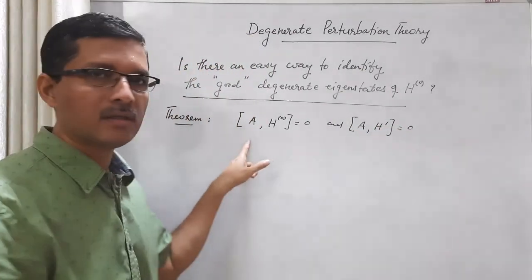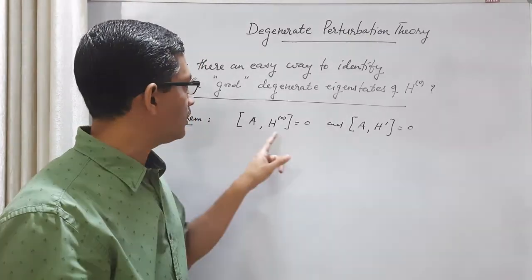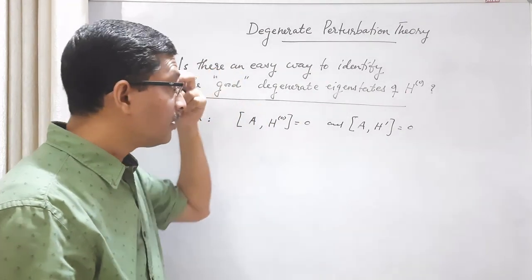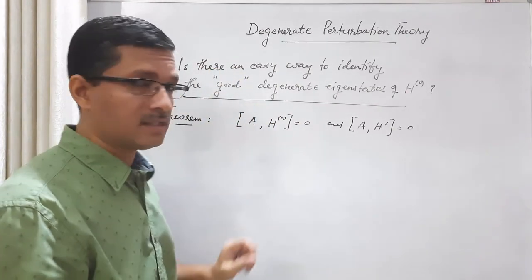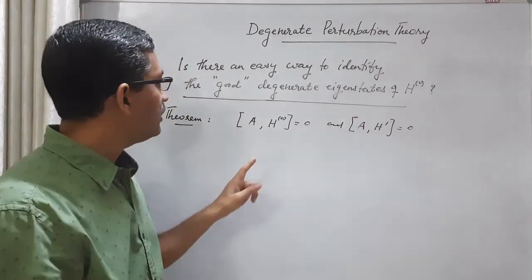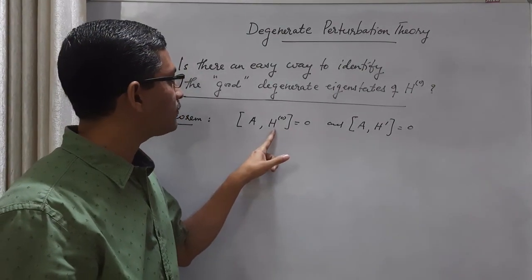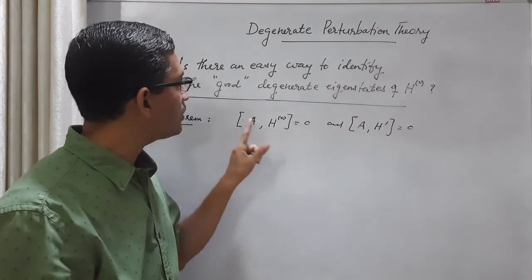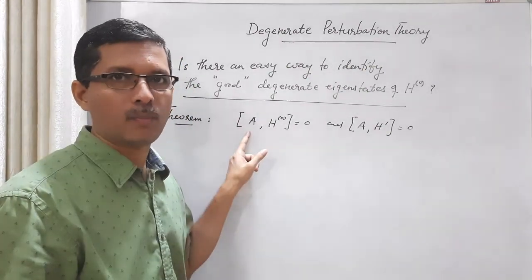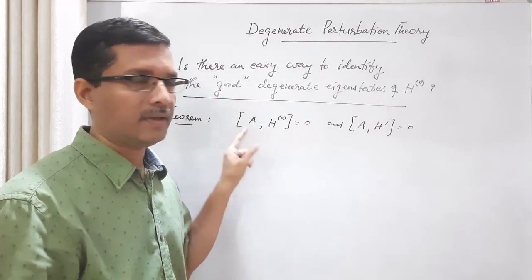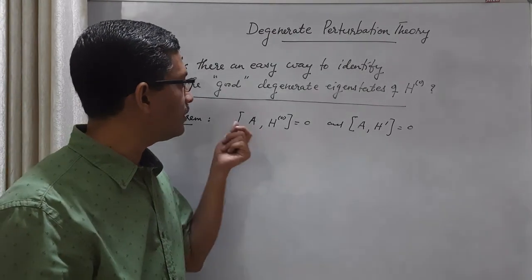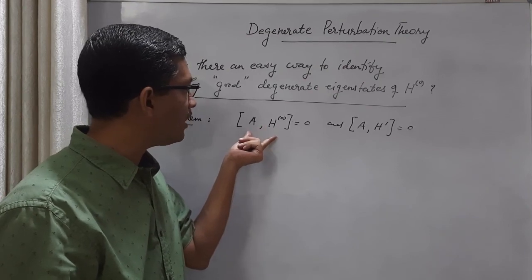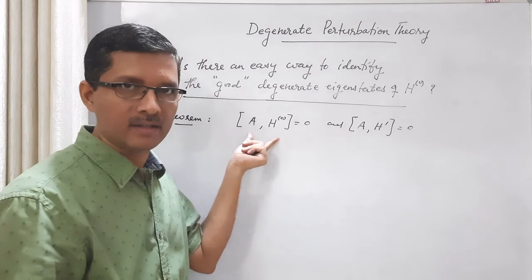Okay, so if there is a Hermitian operator A which is commuting with both the unperturbed Hamiltonian and the perturbing Hamiltonian, suppose there is such a Hermitian operator, and if the degenerate eigenstates of the unperturbed Hamiltonian are non-degenerate eigenstates of this operator, then it is clear that if A and H0 are commuting, they have common eigenstates.